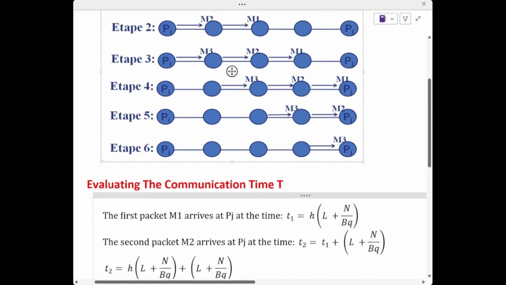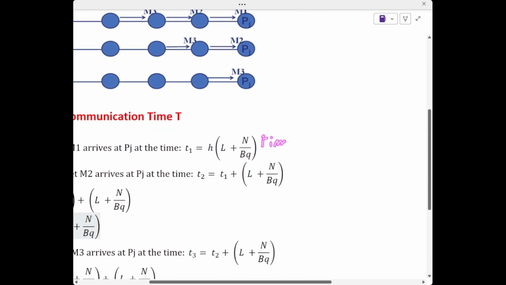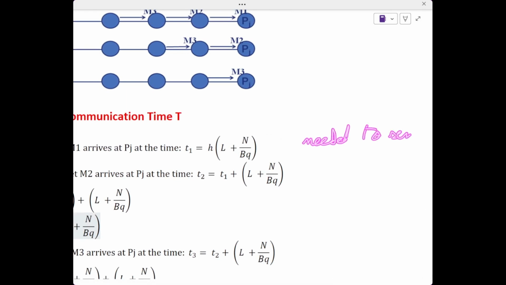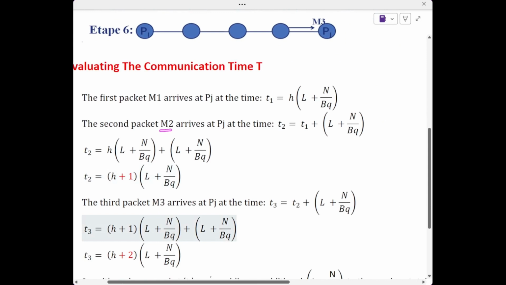This is the time needed to send only M1. The second packet, M2, will need the time needed to send M1 plus the time needed to send M2.